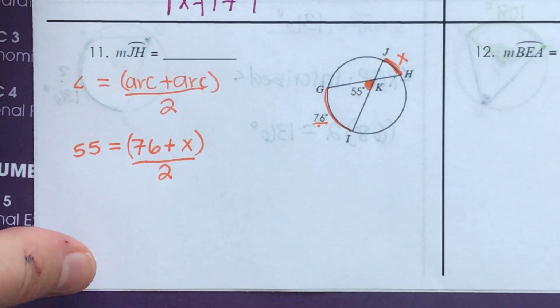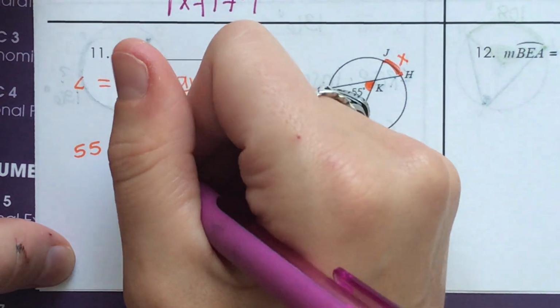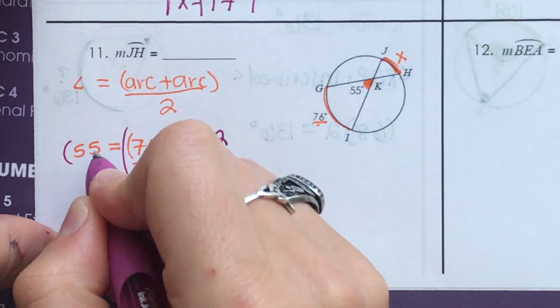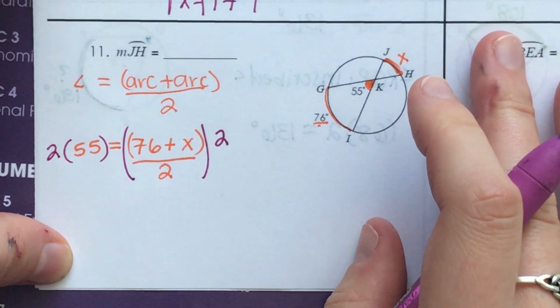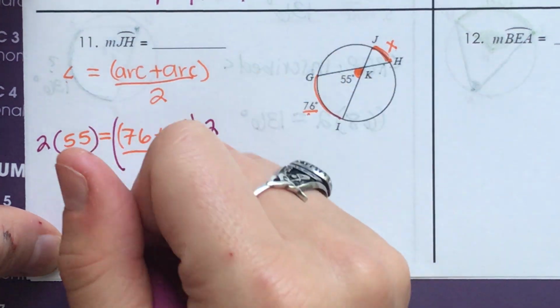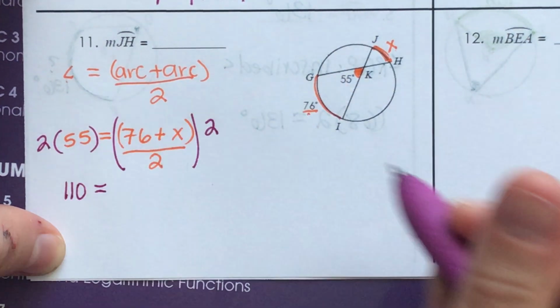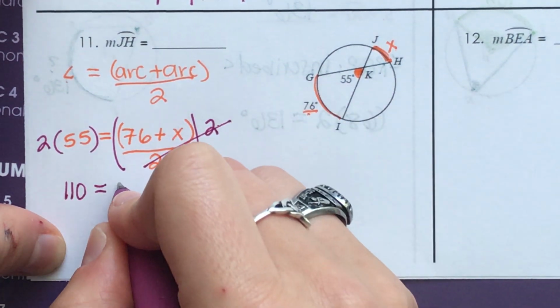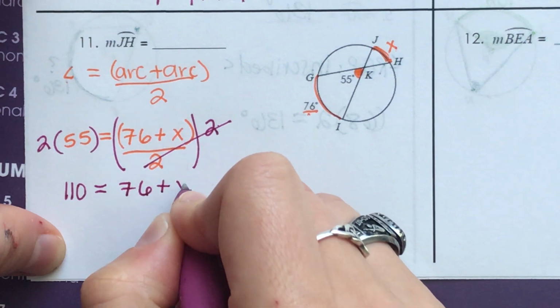So the first thing I'm going to do is I'm going to get rid of this divided by 2 by multiplying by 2. And whatever I do on one side, I have to do on the other. So 2 times 55 gives me 110. These 2s, 2 divided by 2, cancel, so I'm left with 76 plus x.